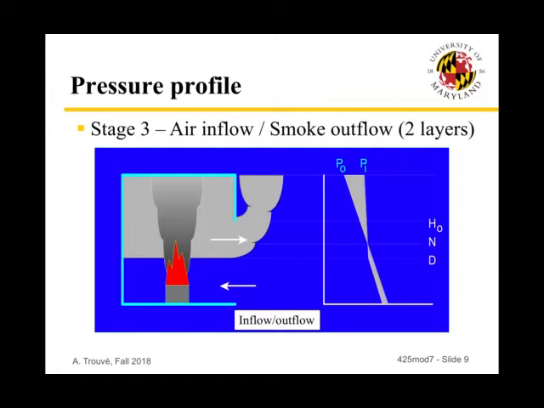The pressure outside is higher than the pressure inside, and we expect inflow of fresh air. So we see that stage 3 now is a more complex case where the flow structure corresponds to both inflow of fresh air at low elevations and outflow of smoke at high elevations in the vent.